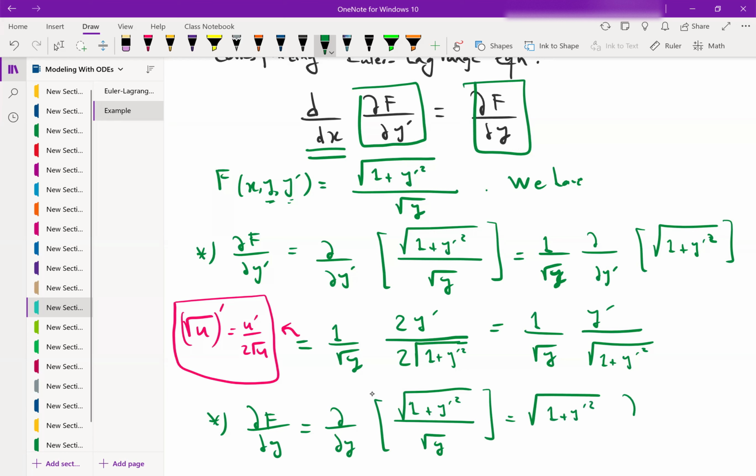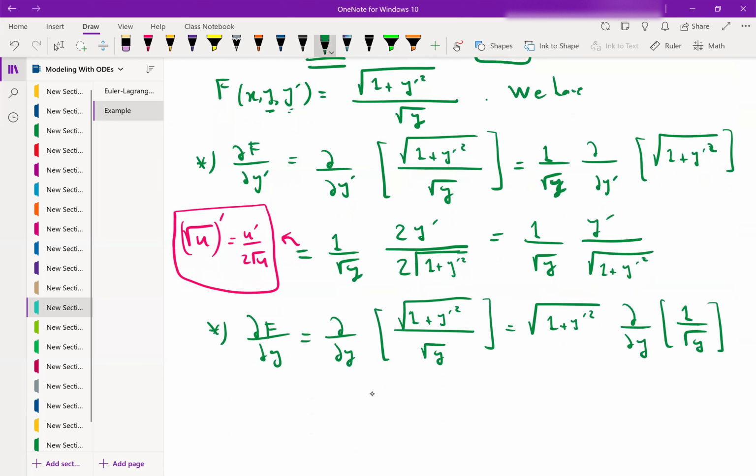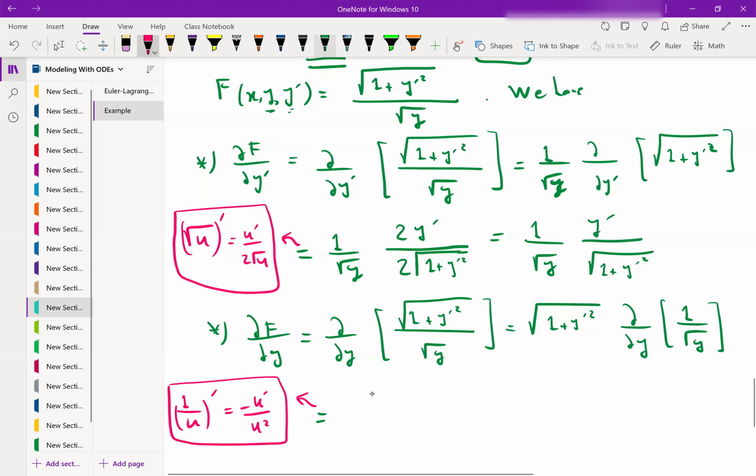I can bring it out and then take the derivative of 1 over the square root of y with respect to y. Again, from calculus, I remember that if I have 1 over u, where u is a function, and I want to take the derivative with respect to the independent variable, by the chain rule that will be negative u prime divided by u squared.